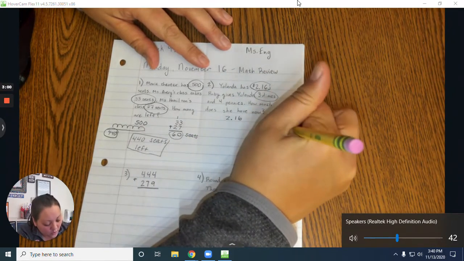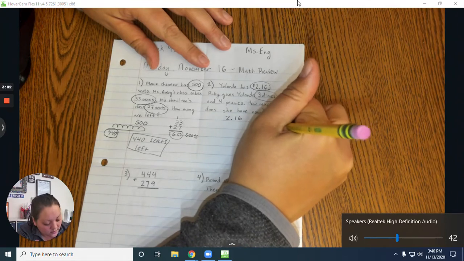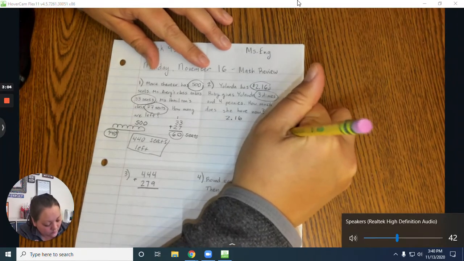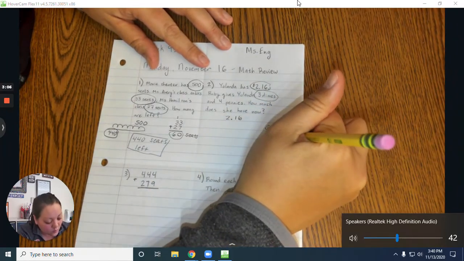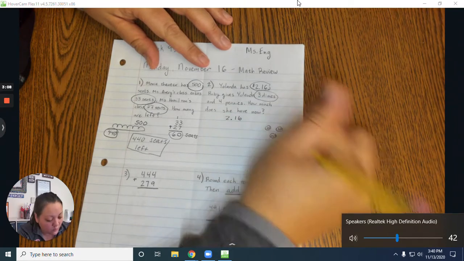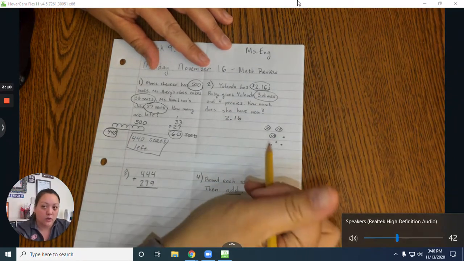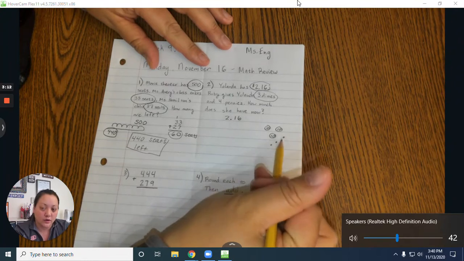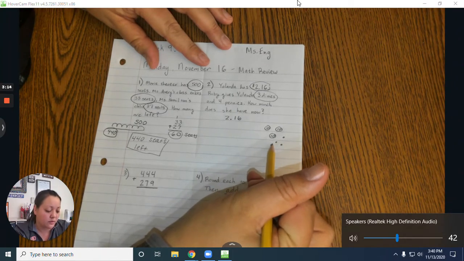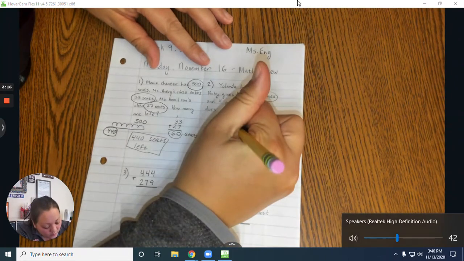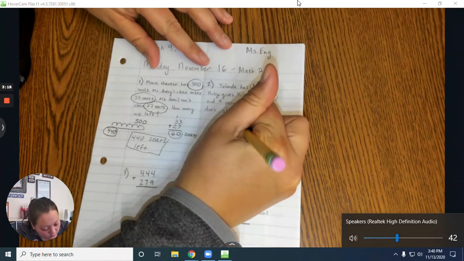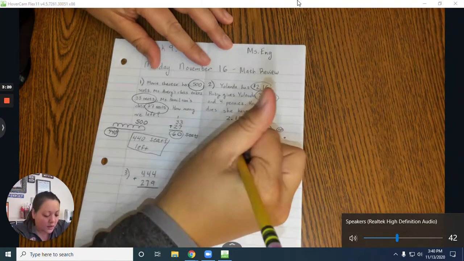So I've got 3 dimes, 1, 2, 3, and these are 10 cents each. And 4 pennies, so 1, 2, 3, 4. So I've drawn that out. So 10, 20, 30, 31, 32, 33, 34. So Ruby gives Yolanda 34 cents.